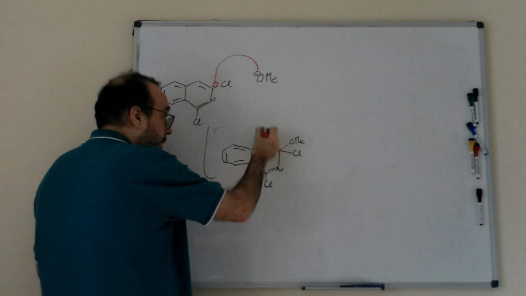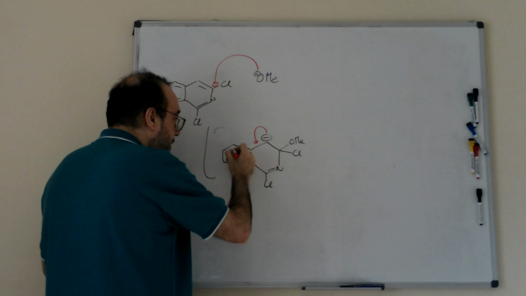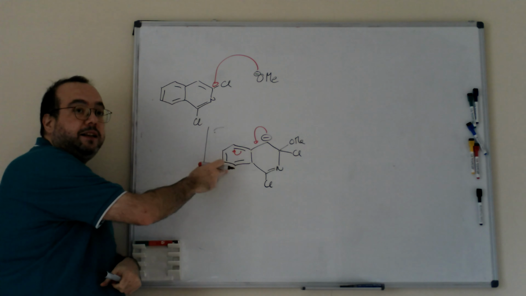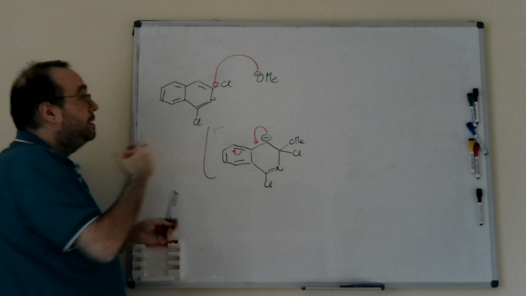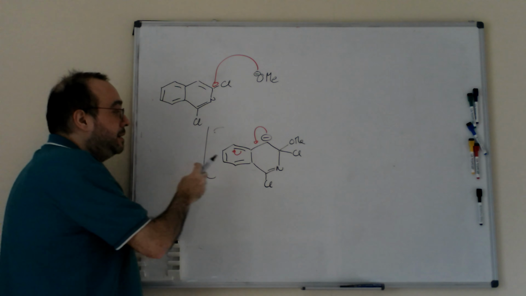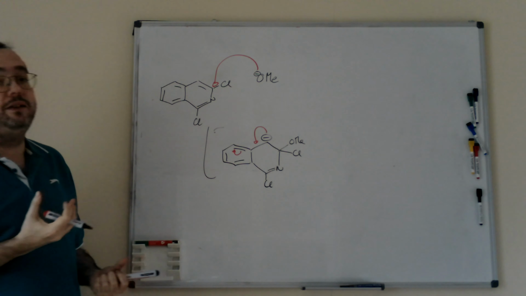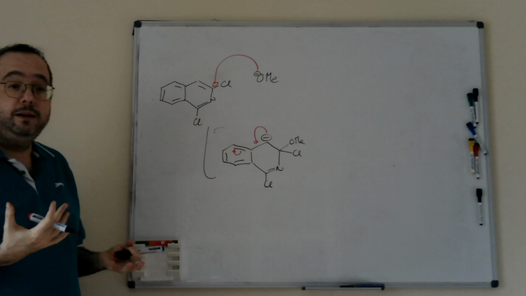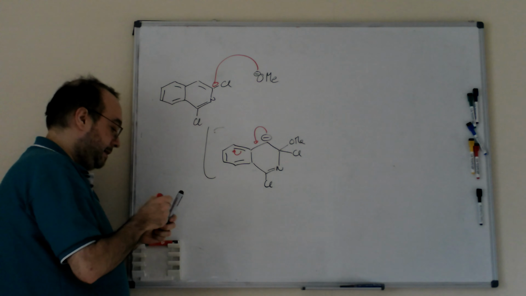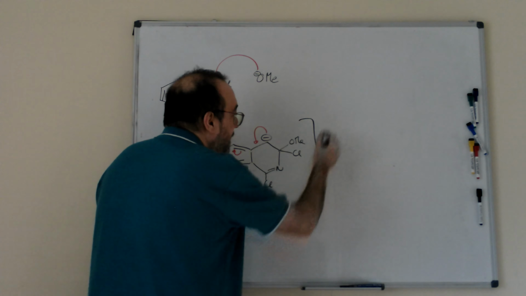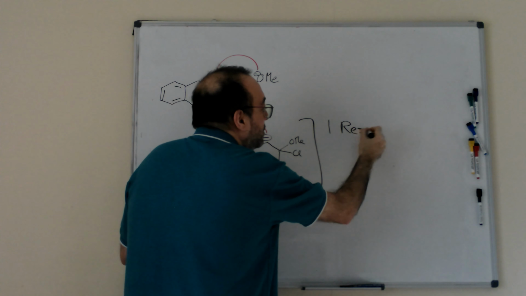However, any resonance that I am doing, basically I am disrupting the aromaticity in the fused benzene ring. As I told you a lot of times, every resonance form that is disturbing the fused benzene ring doesn't count at all. It's very unstable. That means that when I am attacking at this position, basically I only have one resonance form.